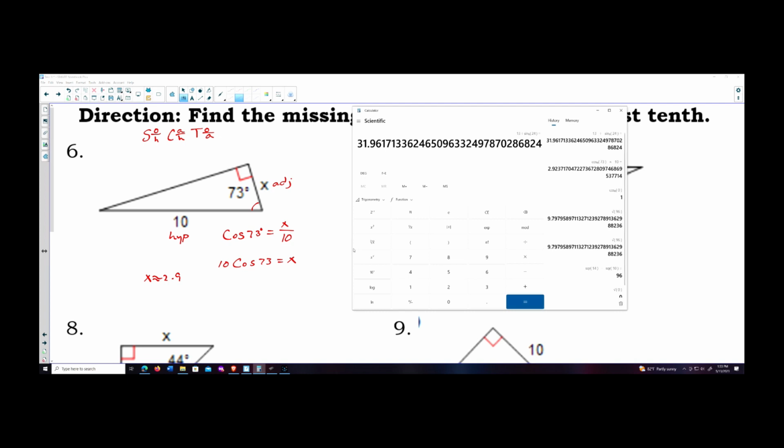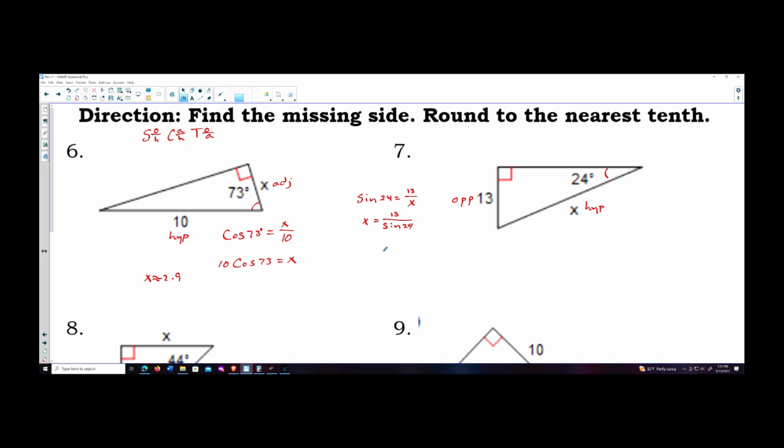So if I'm going to round to the nearest tenth, that 6 brings the 9 up one, so I bring it to 10, so it'll be 32. So it's approximately 32 units. That x would be 32 units. So that's what the hypotenuse should measure, around or very close to 32 units, okay? So remember. So let's take it down to number 8.